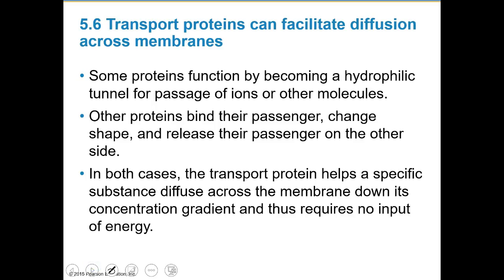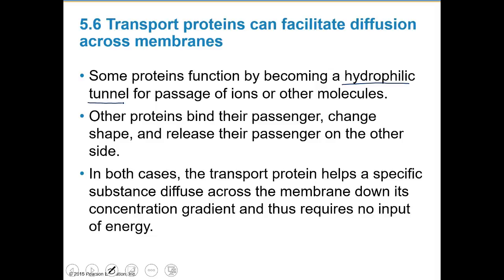Some proteins function by becoming a hydrophilic tunnel, which is what we just looked at. So that was last slide. For passage of ions and other molecules. Other proteins bind to their passenger, others change shape, some release the passenger into the other side.